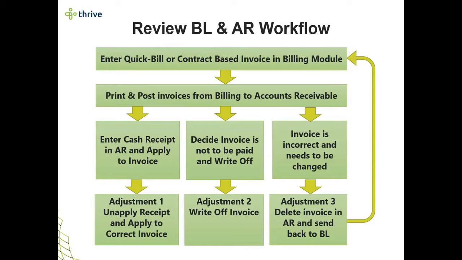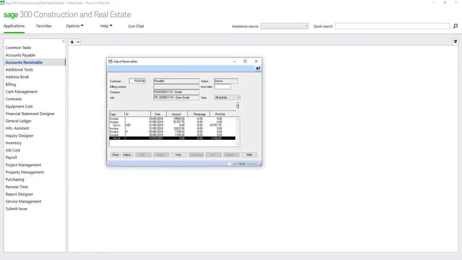Just go back into the adjust receivable screen. Okay, so if we look at this invoice here, if we decide that that invoice really should have been $2,200 and not $1,100, the preferred way to correct that will be just to select the invoice, enter an accounting date, 25/06/18.